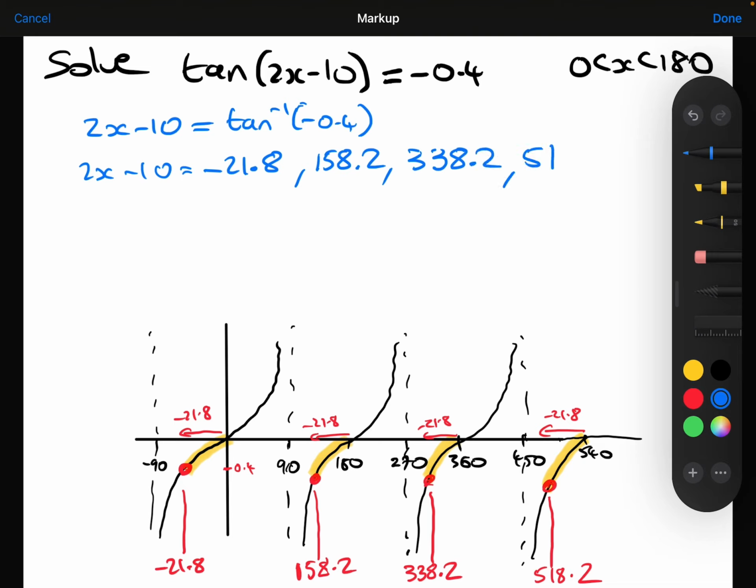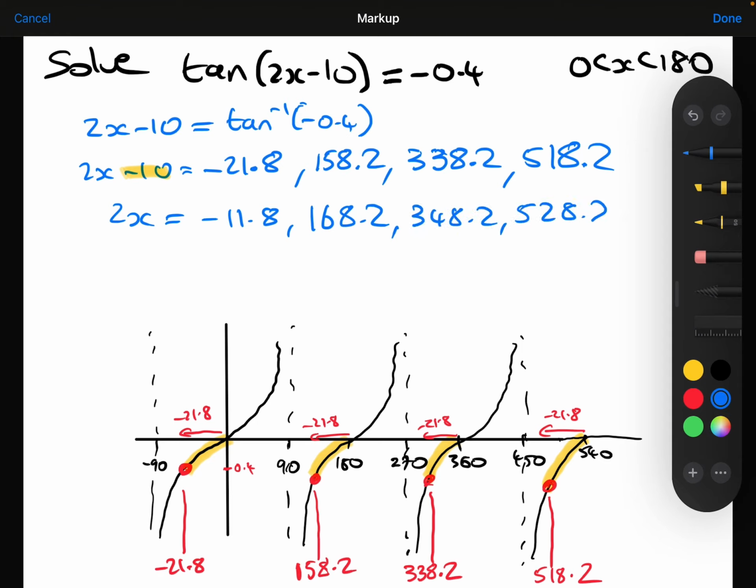So I've used the tan graph now. I am now going to add 10 to all of these answers. So I will add 10 to all of those. And then I'm going to divide everything by 2.